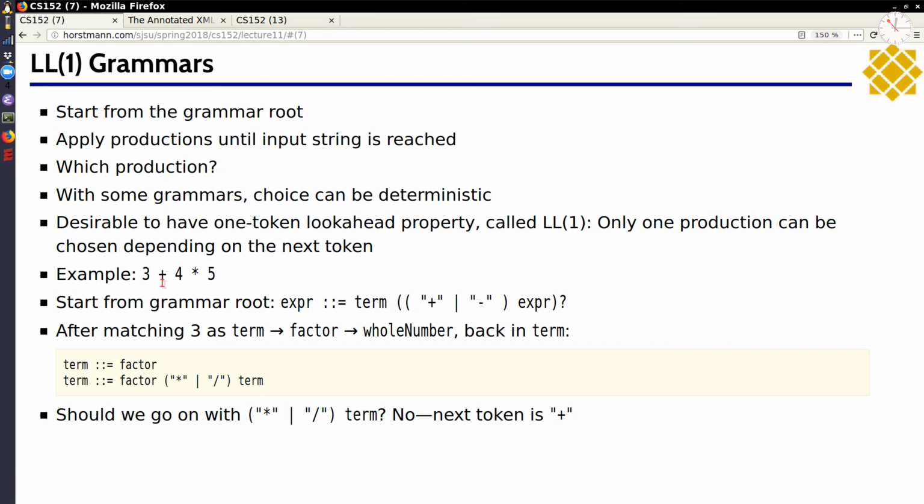The next token is a plus, and this rule would only work out when there is an asterisk. So it's going to go down to factor of whole number, and that's going to be parsed. Then the plus here is going to be eaten up, and then we have an expression here. And so then this thing is going to be parsed out as an expression again. So the important point is that because of the way the grammar is constructed, the choice points can always be taken care of by looking at the next token.